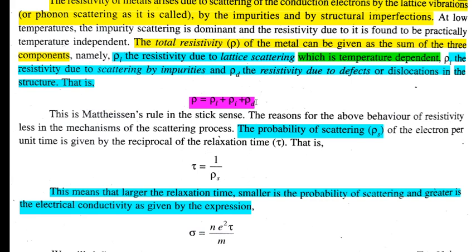As I said, impurity in general means a foreign atom within your material, so a non-identical periodicity will arise because of that. And now a deformation, impurity is also a kind of deformation in a periodicity. The rho D is a permanent defect.